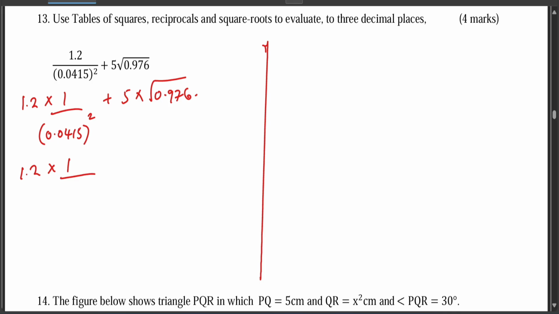So 0.0415 should be written in this form: 4.15 times 10 to the power of negative 2, and we square it. Plus 5 times, also write the standard form for this, but here you have to write it in a way that the power of 10 gives you a number whose square root you can find. Here you cannot write 9.76, because with that power of 10 you cannot find the square root.